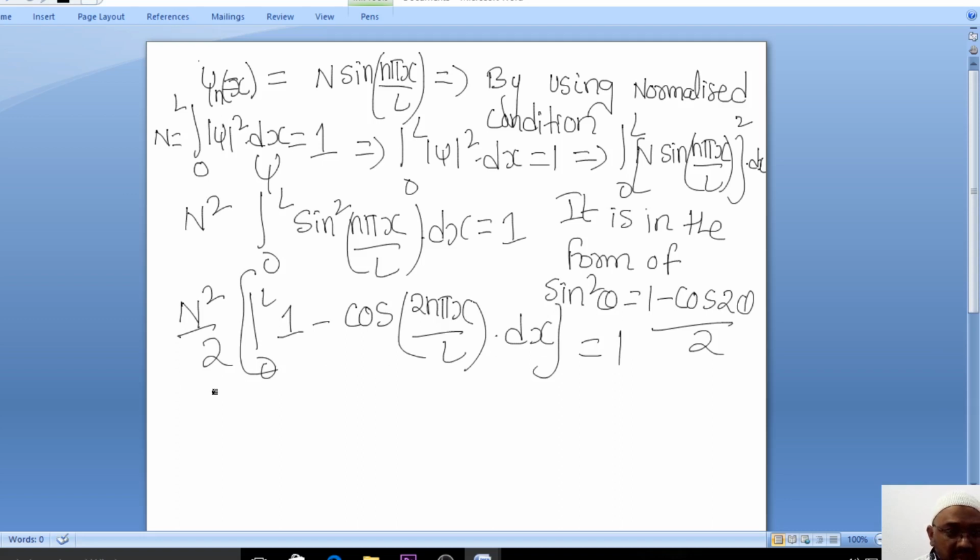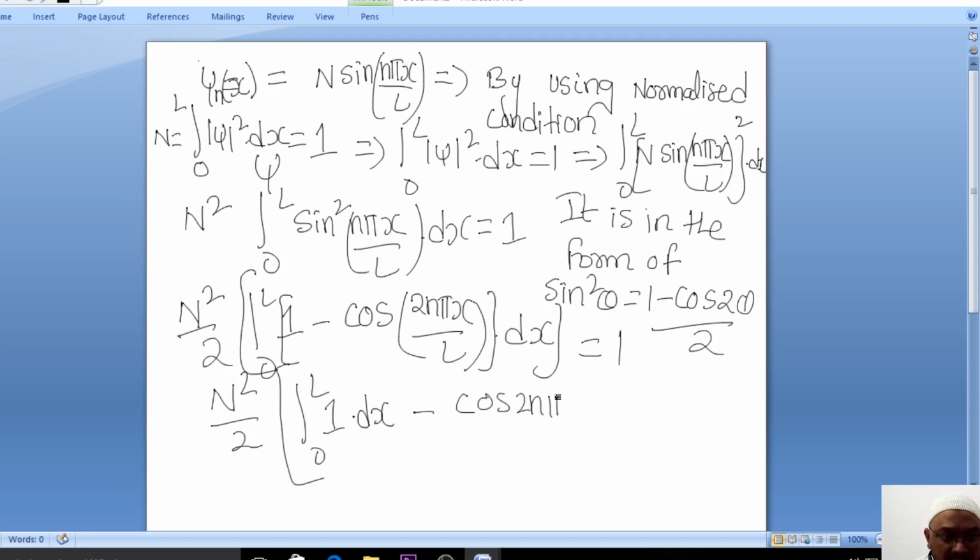So separately we will separate the integration: n squared by 2, integration of 0 to L of 1 into dx, in big brackets minus integration of cos 2 n pi x by L from 0 to L into dx. This is actually equal to 1.